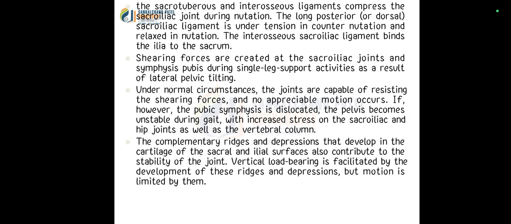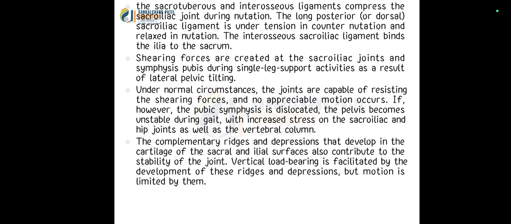Shearing forces are created at the sacroiliac joints and symphysis pubis during single leg support activities as a result of lateral pelvic tilting. Under normal circumstances, the joints are capable of resisting the shearing forces and no appreciable motion occurs. If, however, the pubic symphysis is dislocated, the pelvis becomes unstable during gait, with increased stress on the sacroiliac and hip joints as well as the vertebral column.